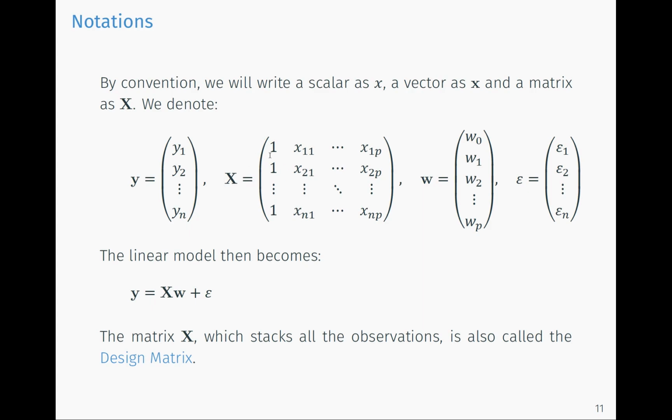We also have the 1 here, something I want to come back to as well. W is your vector of all your parameters, and epsilon is the error term. So now I can write my linear system as this simple matrix equality: my vector of outcomes y is the matrix multiplication of X, my design matrix, by the parameters, plus the error term.